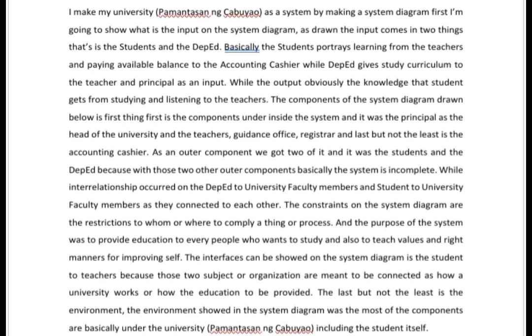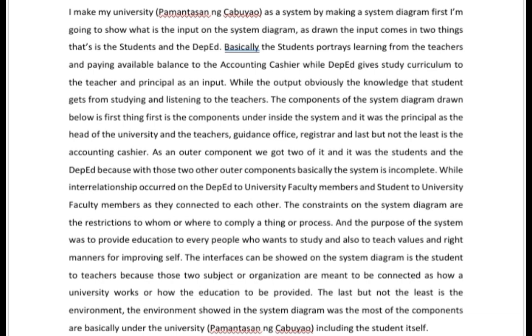Just a normal procedure of taking an education like that. That is the input and output of the system diagram, presenting Pamantasan ng Kabuyao.